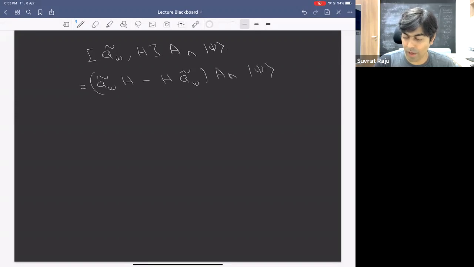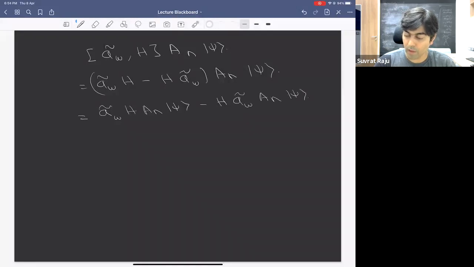So here I just expanded out the commutator. And here there are two terms. One term is a omega tilde into h a n psi. And then we have another operator which looks like h a omega tilde times a n psi.